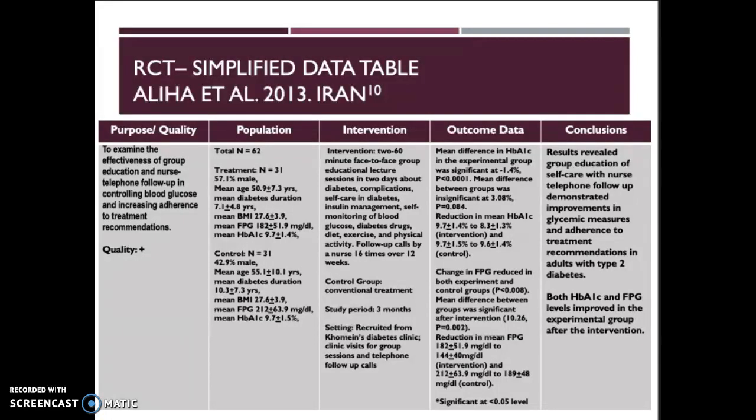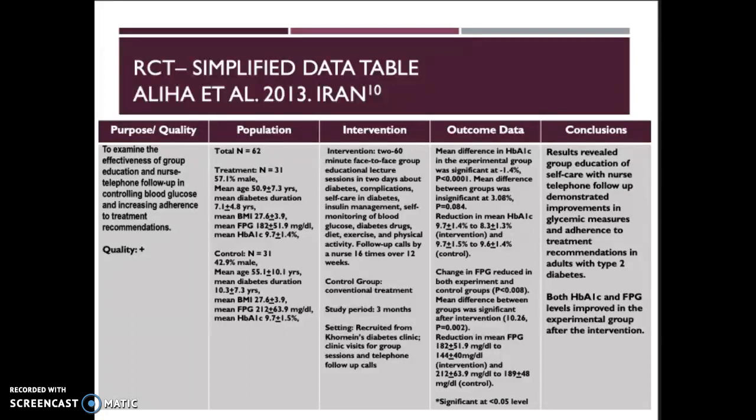And the follow-up calls were conducted by a nurse 16 times over the course of 12 weeks. This intervention was in comparison to a control group who received conventional treatment.